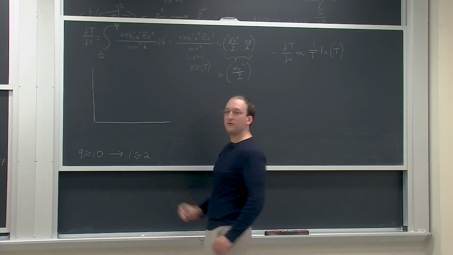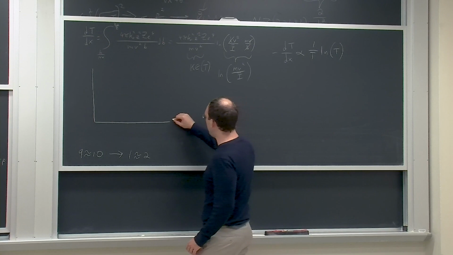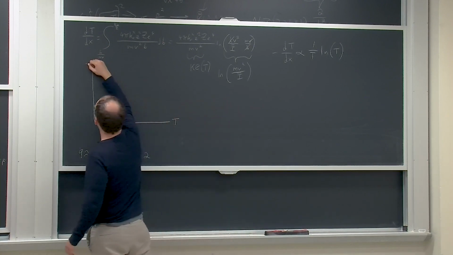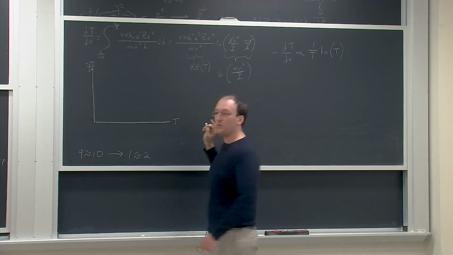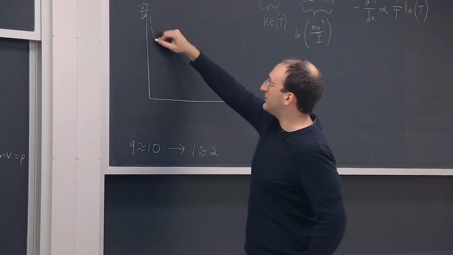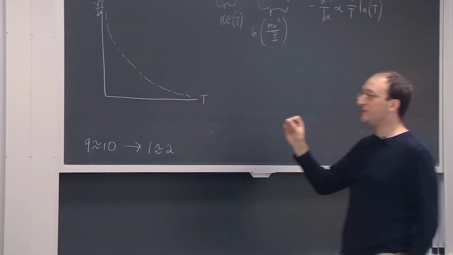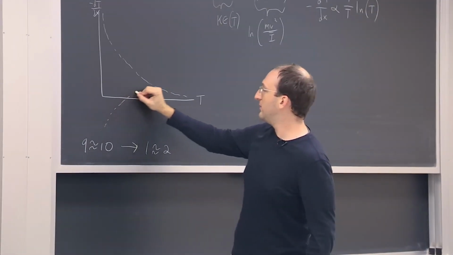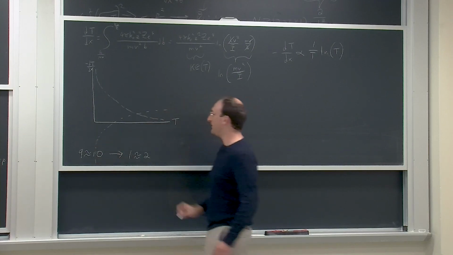And this is pretty universal for any charged particle stopping power. If this was the kinetic energy T, and this was our stopping power, we've got this 1 over T term that's going to look something like this. And we have this natural log of T term, which is going to look something like this. And that actually goes down to negative infinity.